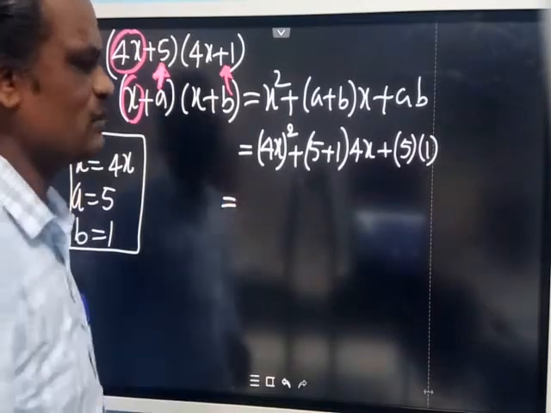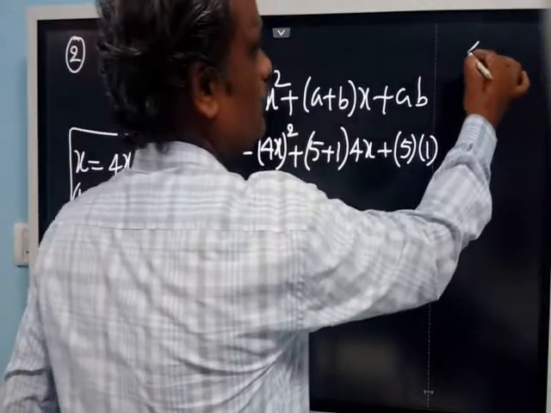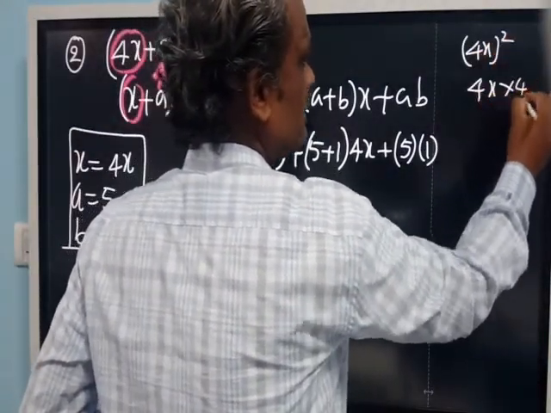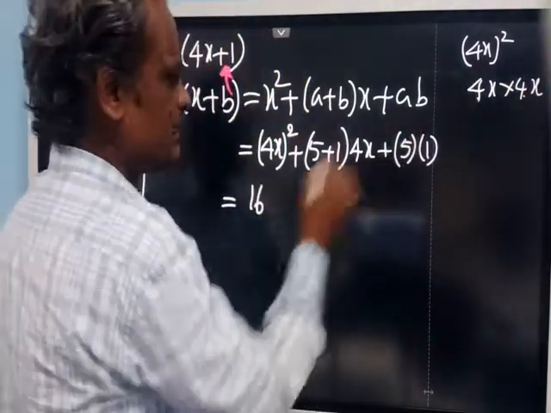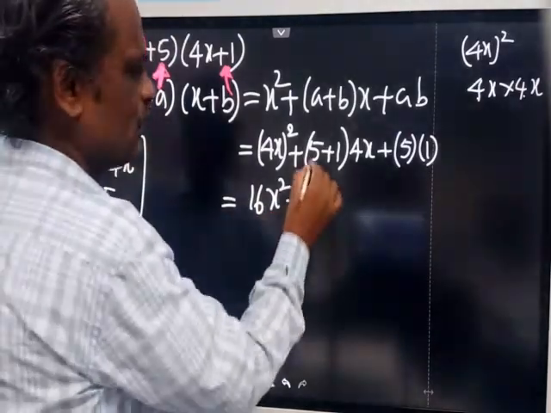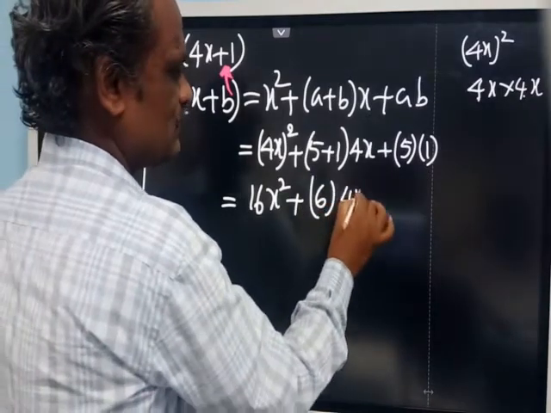Now let us simplify this one. (4x)² means you write 4x into 4x. So 4 fours are 16, x into x is x², 16x². Come to this one. 5 + 1, 6 into 4x.